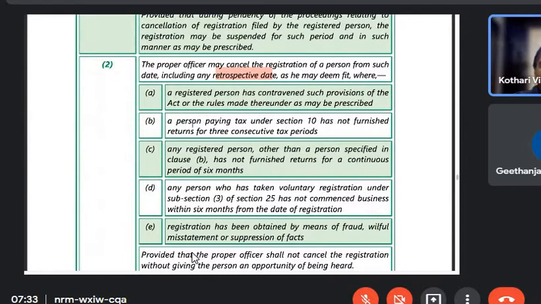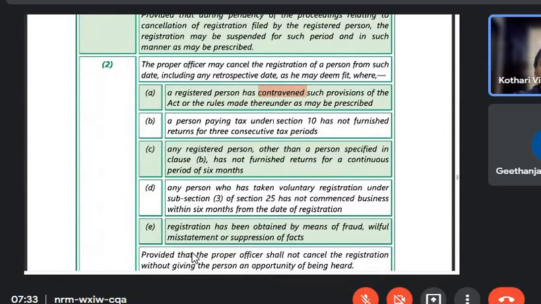And what are the situations when the proper officer can cancel? When a registered person has contravened the provisions of the act or rules made thereunder as may be prescribed. So if someone is contravening the provisions, that is, going against the provisions of GST, then the proper officer may cancel the GST registration.